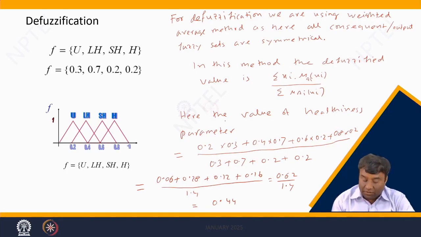So in this method, the value of the healthiness parameter equals 0.2 into 0.3 plus 0.4 into 0.7 plus 0.6 into 0.2 plus 0.8 into 0.2, divided by 0.3 plus 0.7 plus 0.2 plus 0.2. So that is 0.06 plus 0.28 plus 0.12 plus 0.16 divided by 1.4. So that is 0.62 by 1.4, that is 0.44. So here the defuzzified value is 0.44.